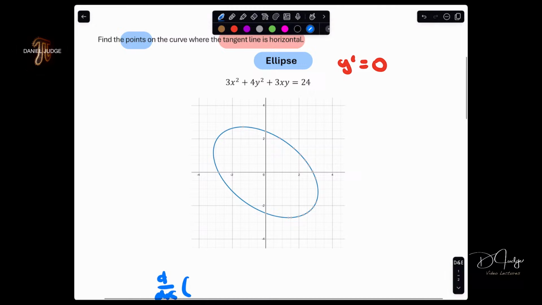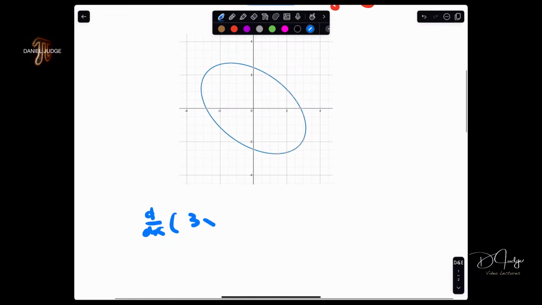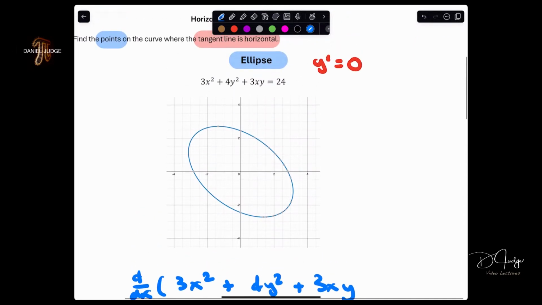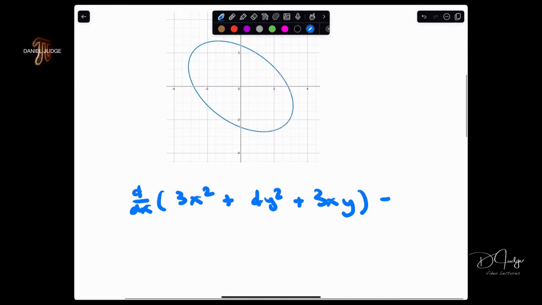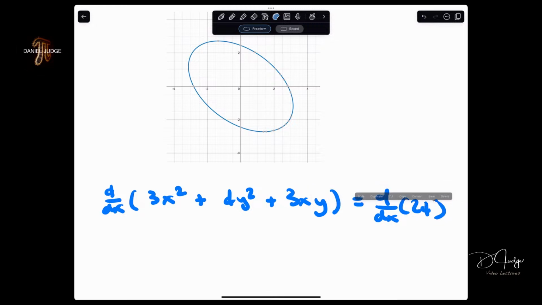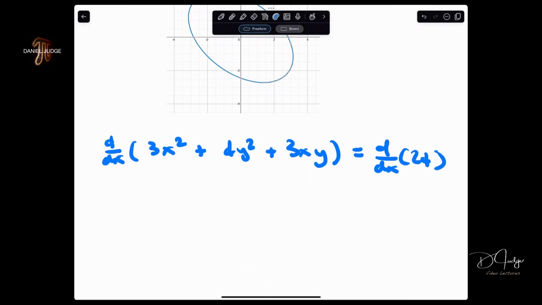So we're going to differentiate with respect to x, the left side, 3x squared plus 4y squared plus 3xy. And then we're going to differentiate with respect to x, the right side. So again, on the left side, like we've seen, we're going to use properties of derivatives.